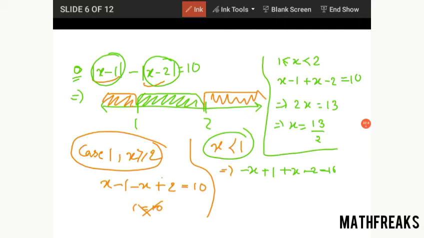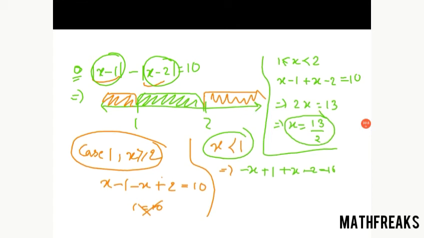So we have to open the x minus 2 with a sign change, and this is your solution. Now check for x equal to 13 by 2. If this satisfies, then this is the solution, correct? So I hope that you have understood this question as well.